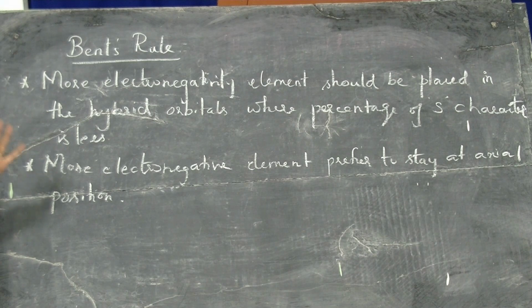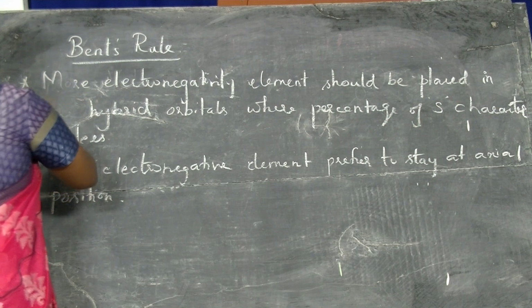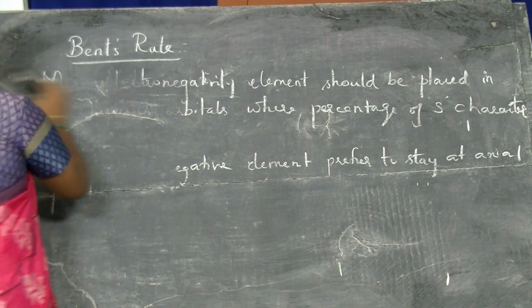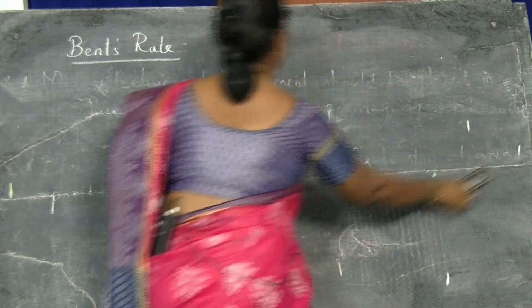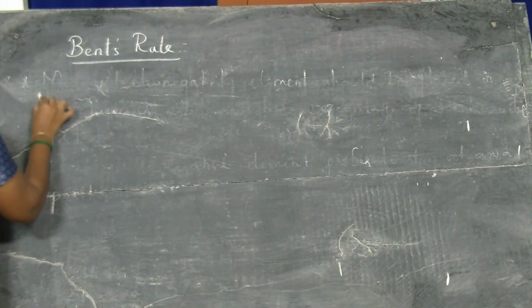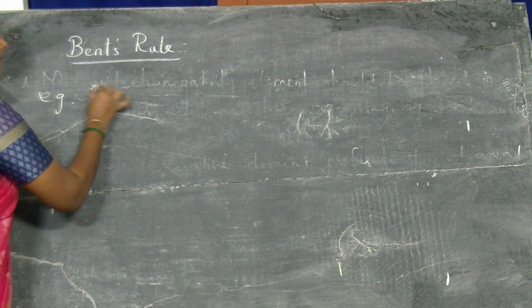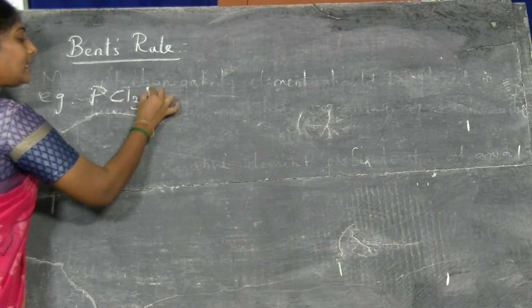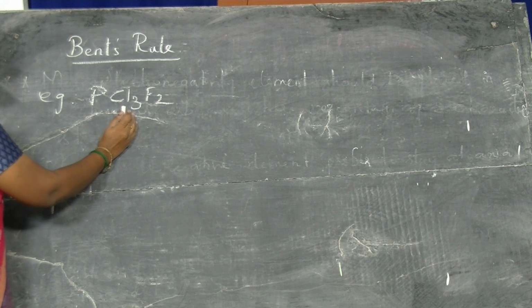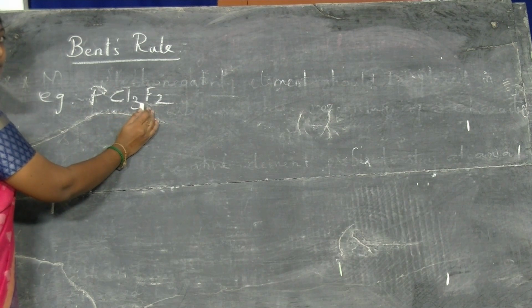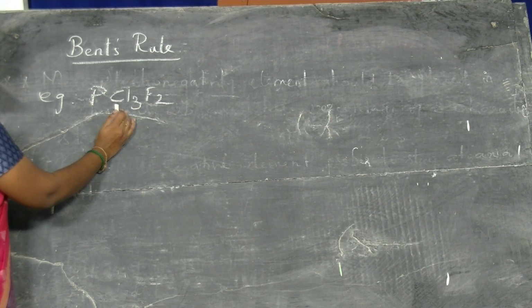I am giving you the example PCl3F2. In this molecule, fluorine is a more electronegative element when compared to the chlorine atom.